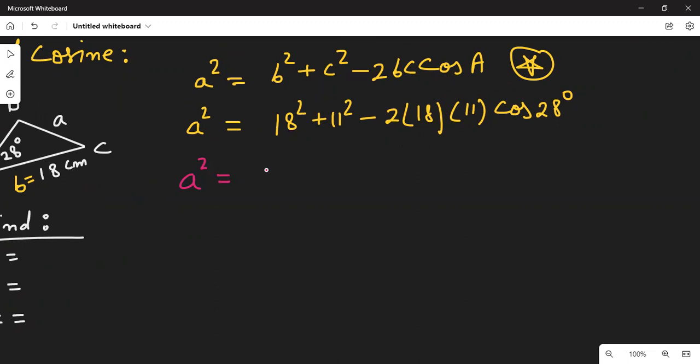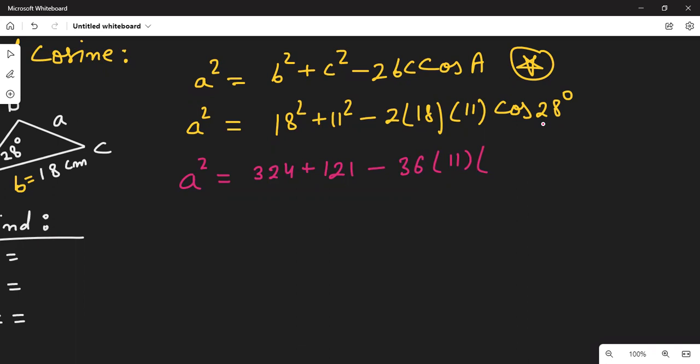And 18 squared is, just a moment. So 18 squared is 324, and 11 squared is 121, minus 2 times 18, which is 36, times 11 times cos of 28.